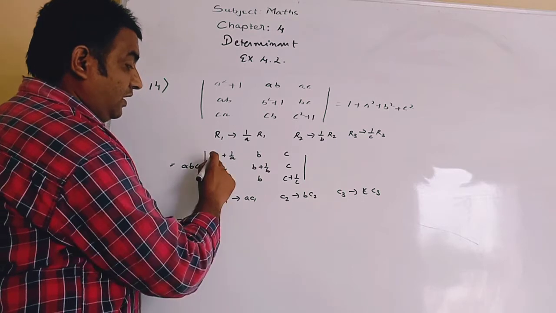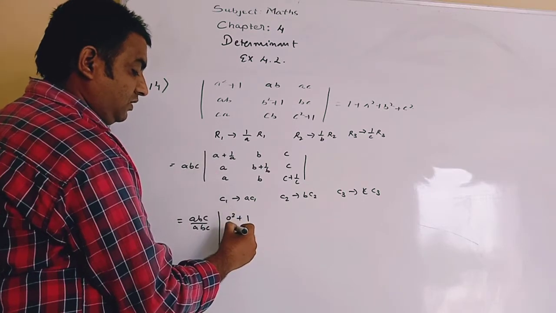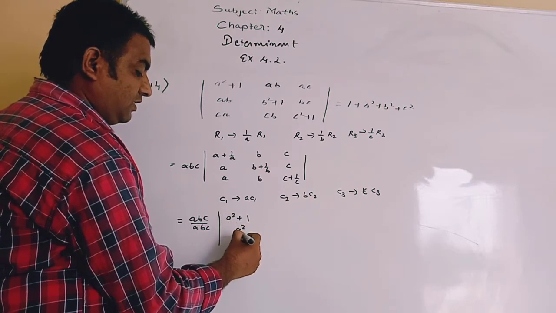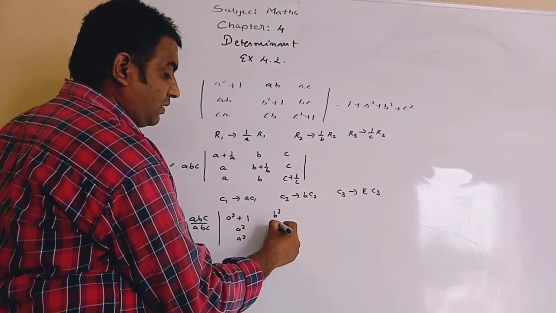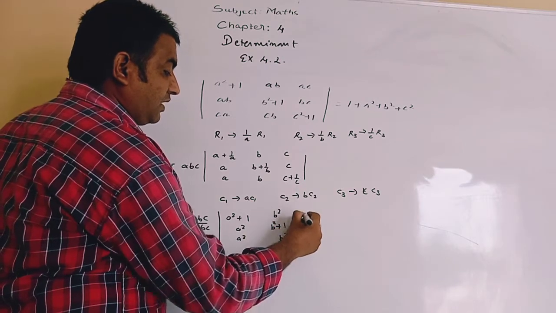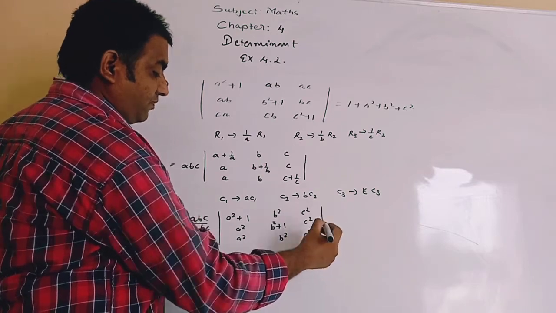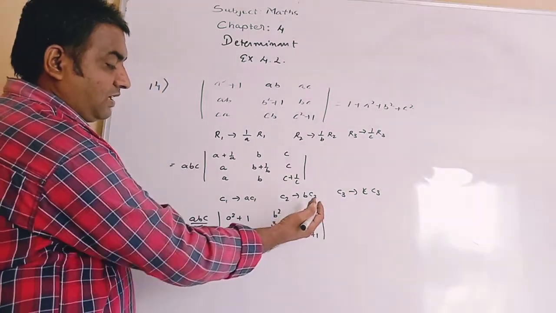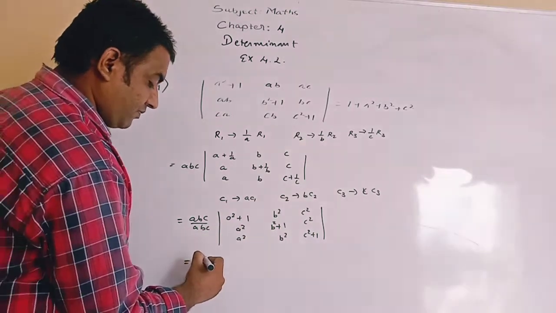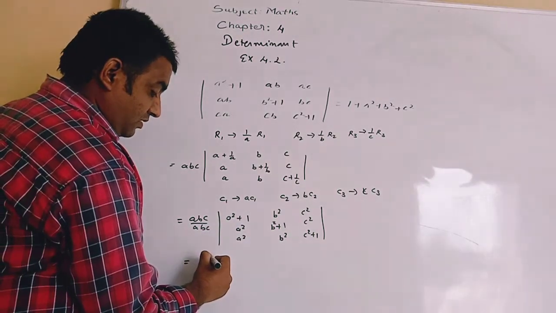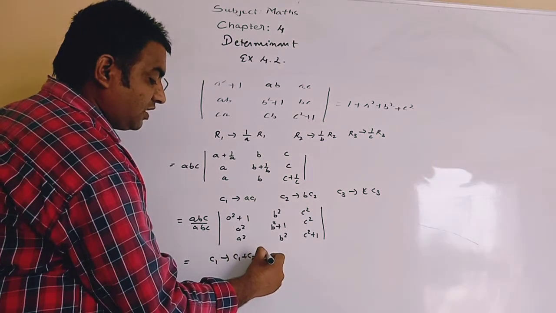So now abc by abc we will get, and here a into a is a², 1/a into a means 1, here a², b², b² + 1, b², c², c² + 1. Now we add b² and c² in the first column, means we apply C1 transforms into C1 + C2 + C3.